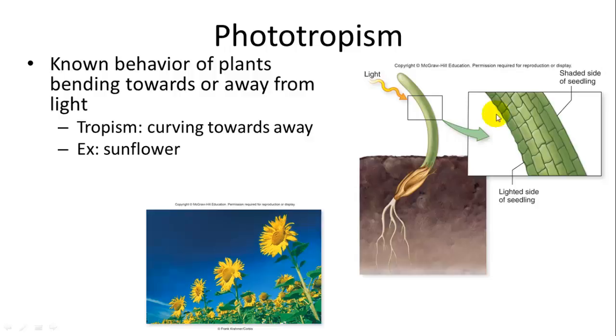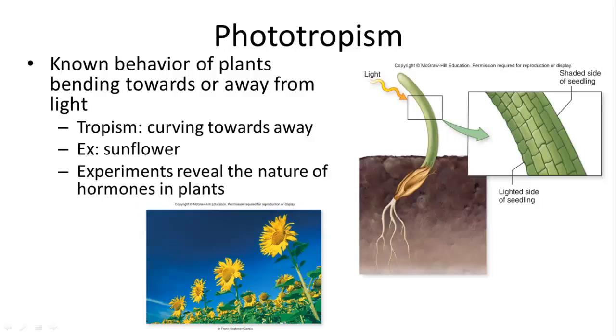The large heads of the sunflower, which form the flowers themselves, will rotate with the sun. So with the rising of the sun, they will be pointed towards the east. They will follow it across the sky and then be pointed towards the west as it sets.